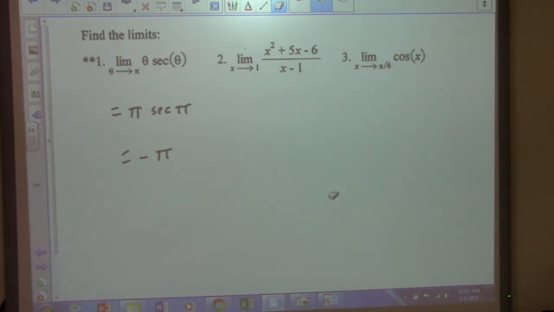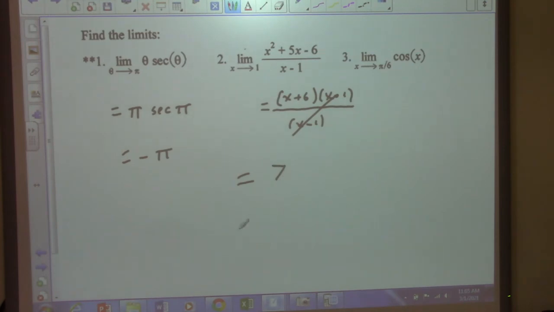The factors of this are x plus 6 and x minus 1. So what do you get out of this? 7. So 7 is our answer for this one.